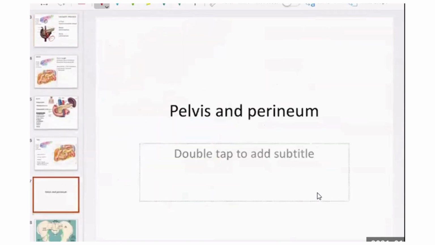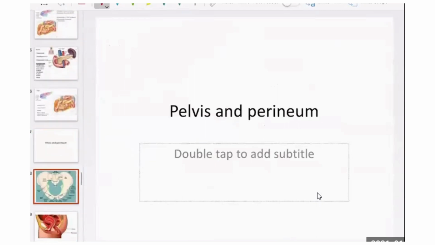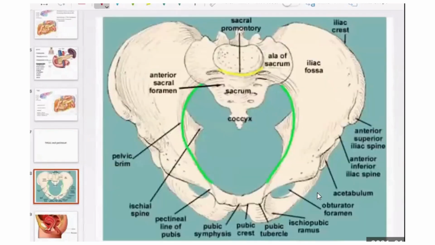Next, we are proceeding with the pelvis. We didn't do bladder, rectum, anal canal, and all, right? Those are the organs that are present in the pelvis. Now we'll proceed with the pelvis. The bones forming the pelvis are ilium, ischium, pubis, and sacrum and coccyx posteriorly.